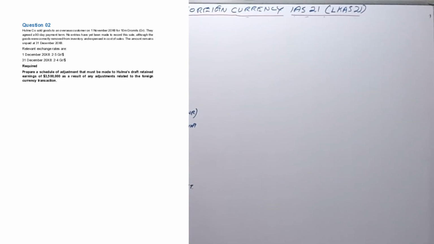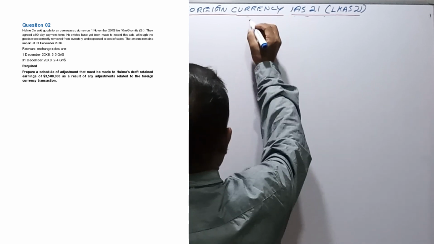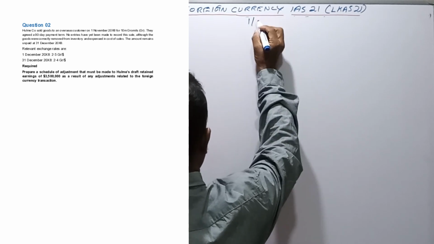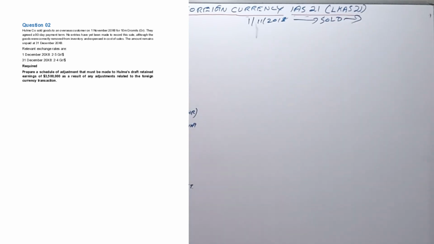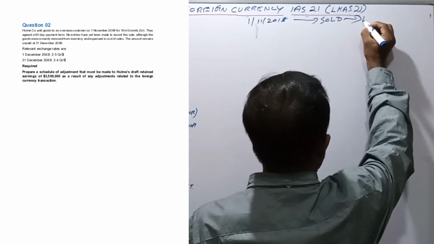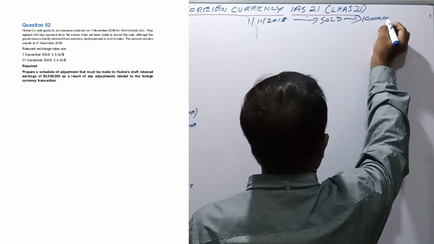Question number 2. Mr. Hall sold goods to an overseas customer on 1st November 2018, for 10 million.